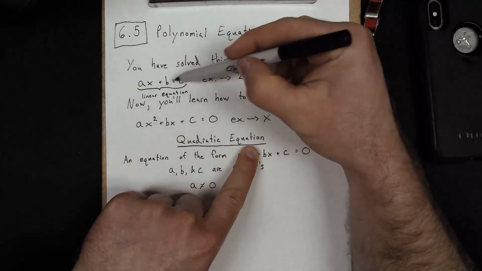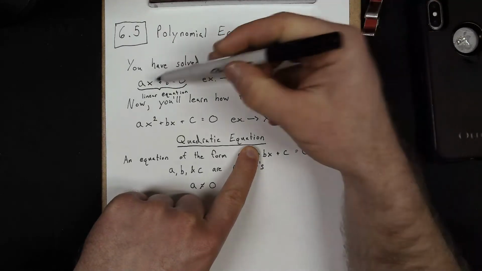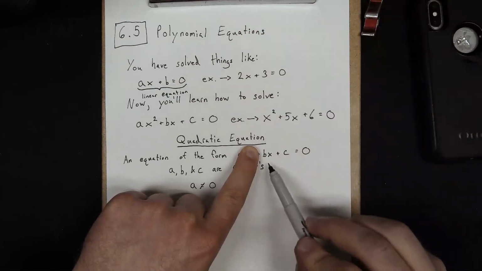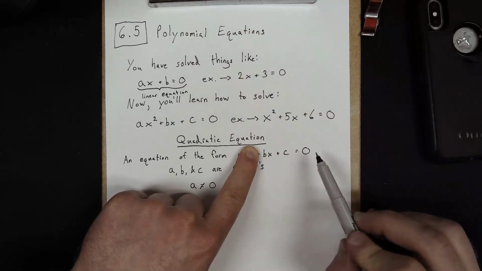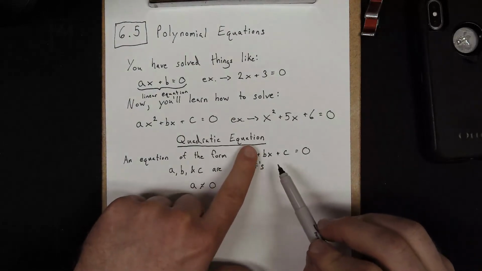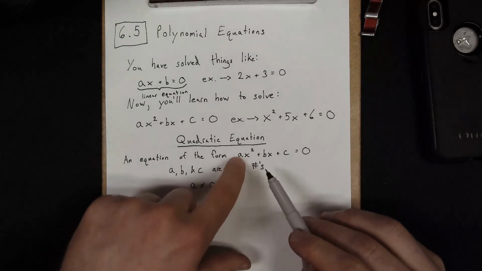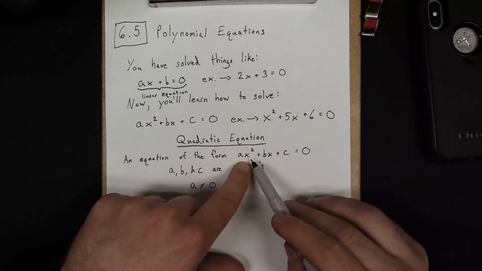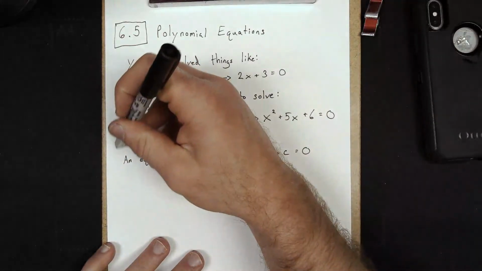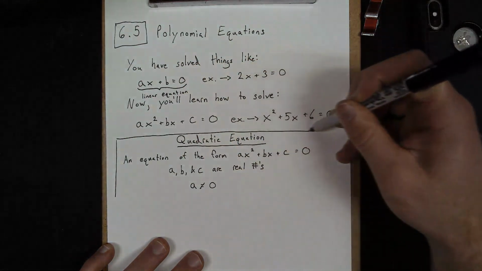The letters aren't the same, but really we have a constant times x plus a constant is equal to 0. So if a was equal to 0, this would in fact be a linear equation. So a cannot be 0. We need a term with x squared. Go ahead and box that in your notes.